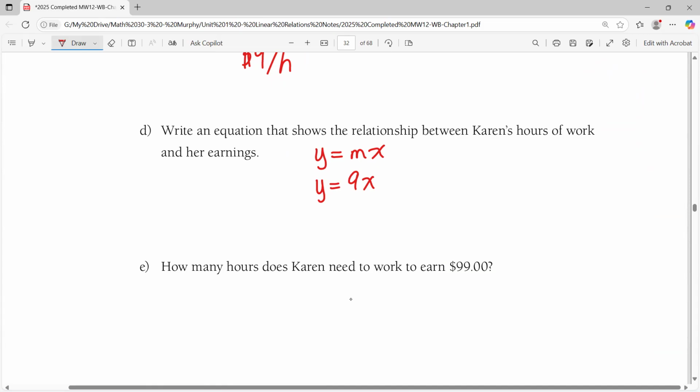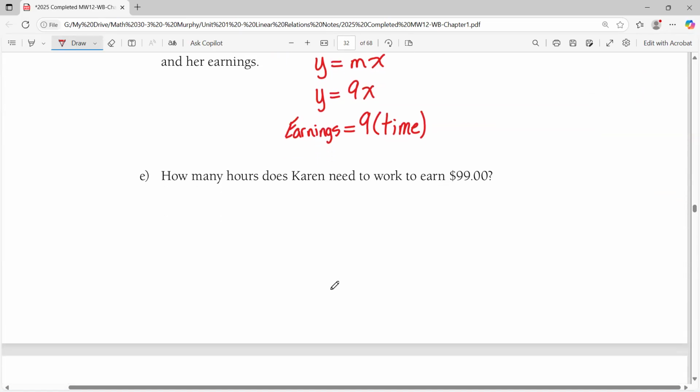Y, if you look up on the graph, is earnings. And x is time. So there we go. $9 per hour times how many hours you work should get your earnings.